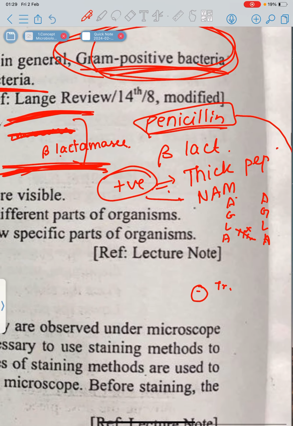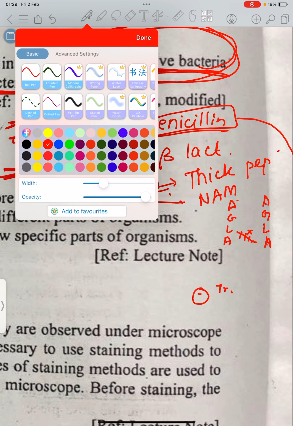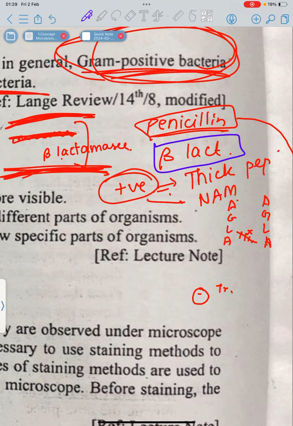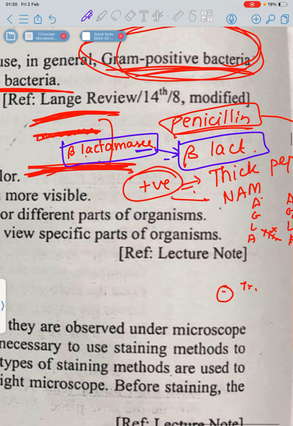Now I mentioned just now that penicillin is a beta lactam drug. Beta lactamase is an enzyme which will break down the beta lactam structure. So basically gram negative bacteria have an enzyme called beta lactamase which can destroy the beta lactam structure of penicillin, so it basically inactivates the penicillin drug. Clear?